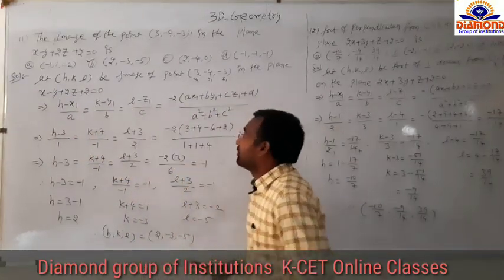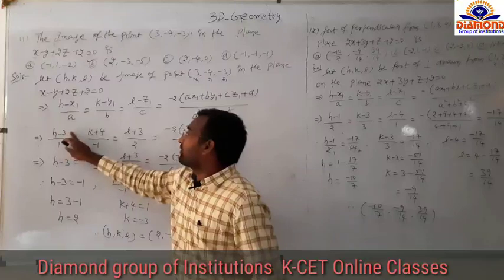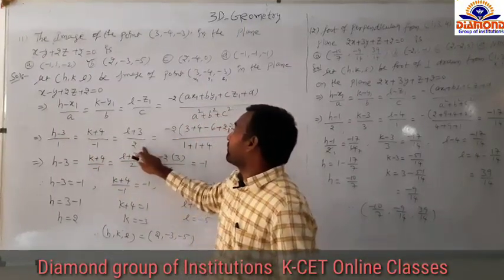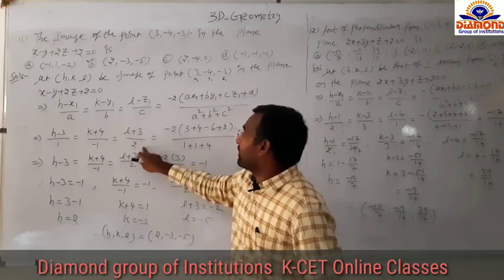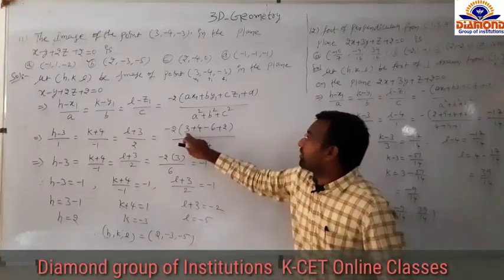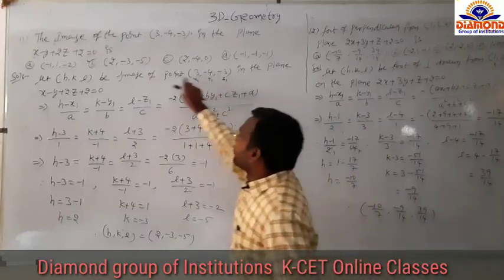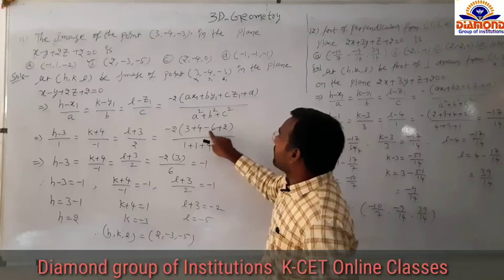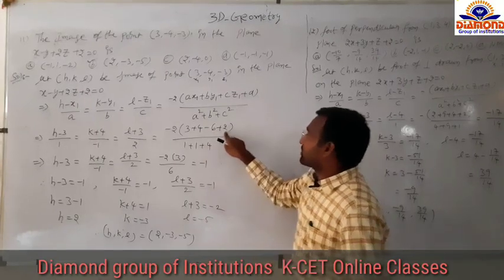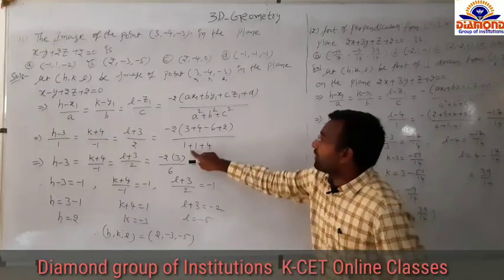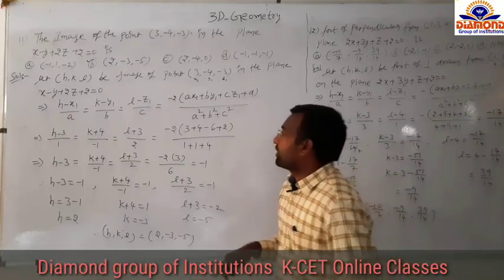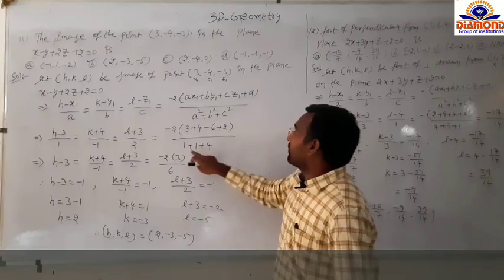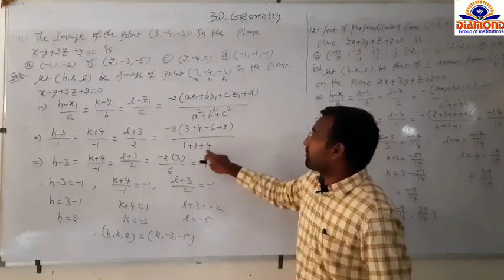Substitute in the formula. So (h minus 3) by 1 equal to (k plus 4) by minus 1 equal to (l plus 3) by 2 equal to minus 2 into the point substituted in the plane. So you get (3 plus 4 plus minus 6 plus 2) by (1 plus 1 plus 4), because a value is 1, b value is minus 1, c value is 2, so a square plus b square plus c square means 1 plus 1 plus 4.